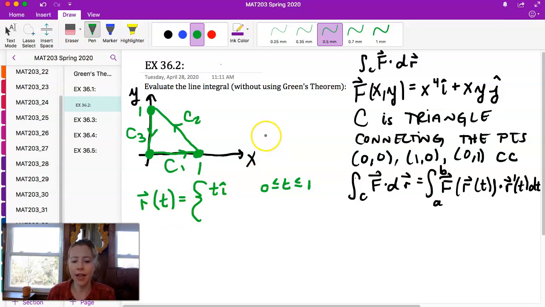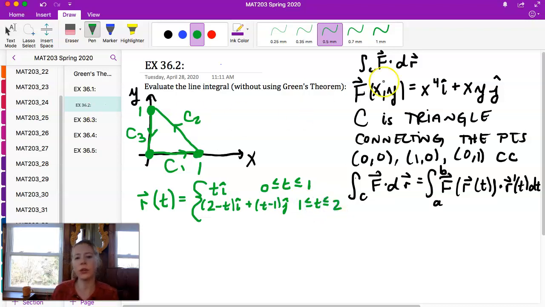And then for our next piece, we're going from (1,0) to (0,1), and I'm going to make it occur over the next time interval. So we can do (2 minus t) i hat plus (t minus 1) j hat, for 1 less than or equal to t less than or equal to 2.